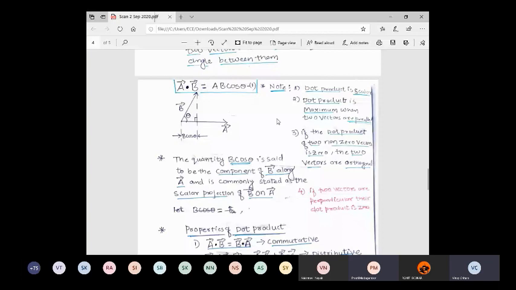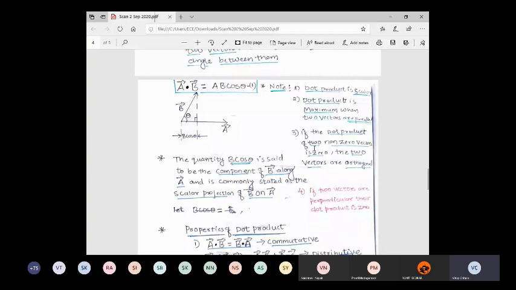Very good. Who is that? Preeti. She is correct. When you say two vectors are parallel, the angle between them is 0. So cos 0 is 1, and this particular product will be maximum.